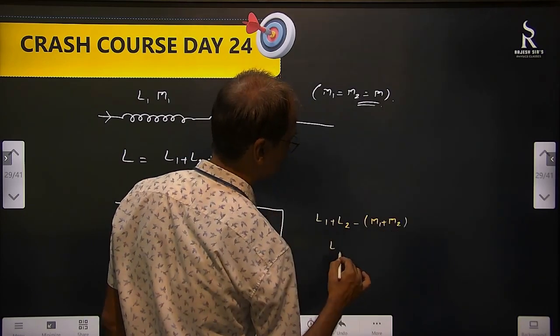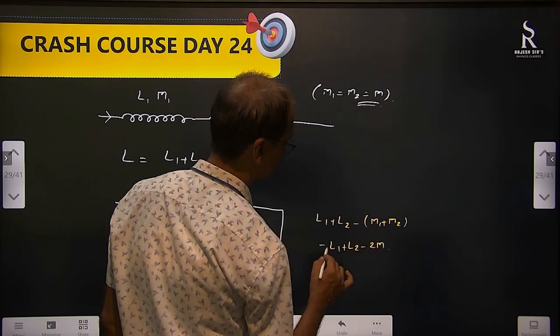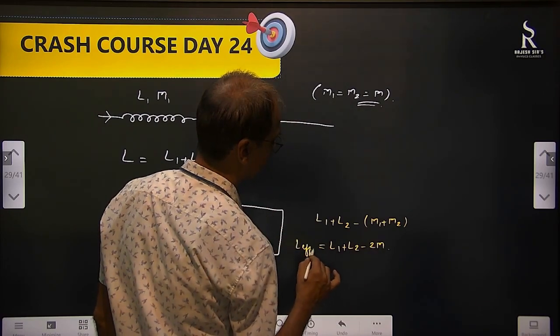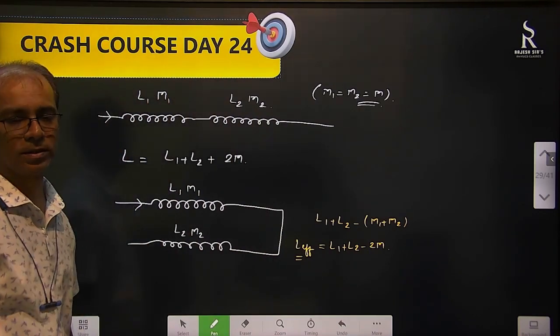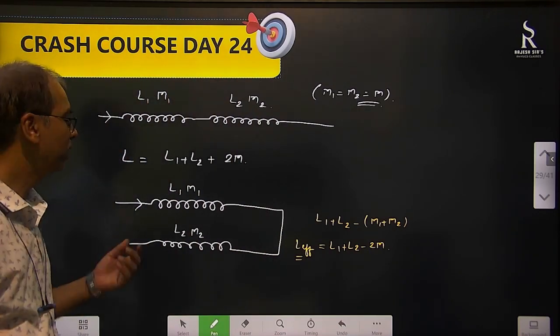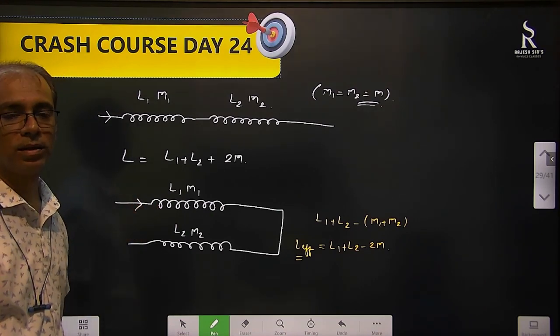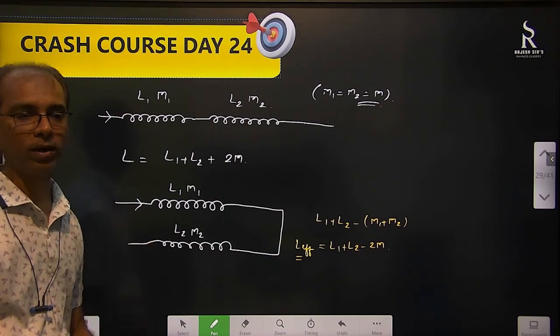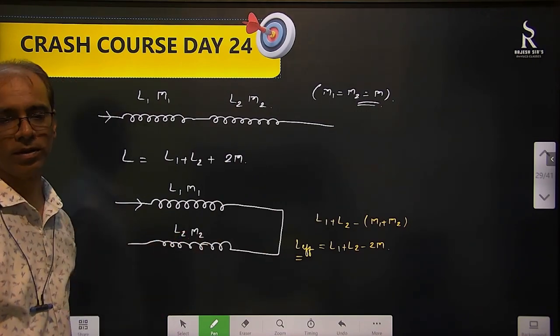Because the direction has changed, and because of that the direction of the magnetic field will change. That's why mutual inductance is happening in the opposite direction to self-inductance. Self-inductance is going to oppose the change in current, but mutual inductance is going to add to it, because here the direction is different.